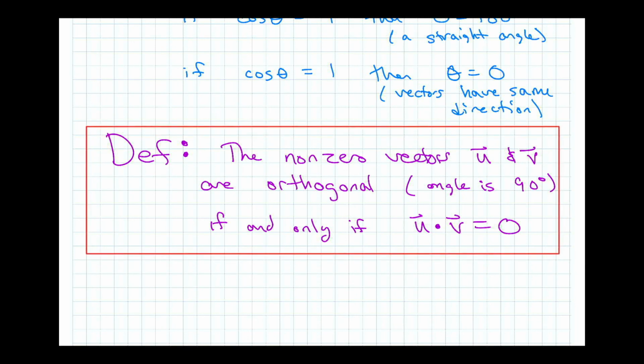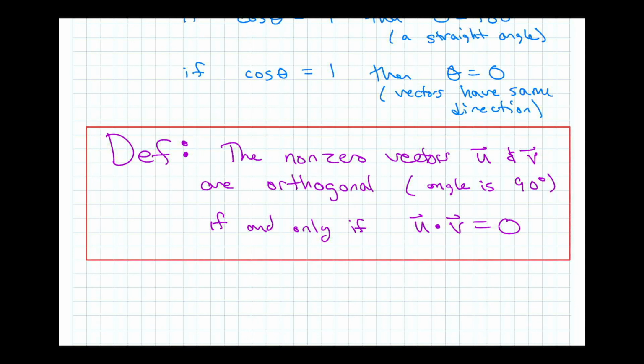Now there is one caveat. The angle is 90 degrees only if they're non-zero vectors, because if you do the dot product of a vector with 0, like 0, 0, 0, obviously you're going to get 0. But that doesn't mean that the angle between them is 90 degrees. That's why they say non-zero vectors here.